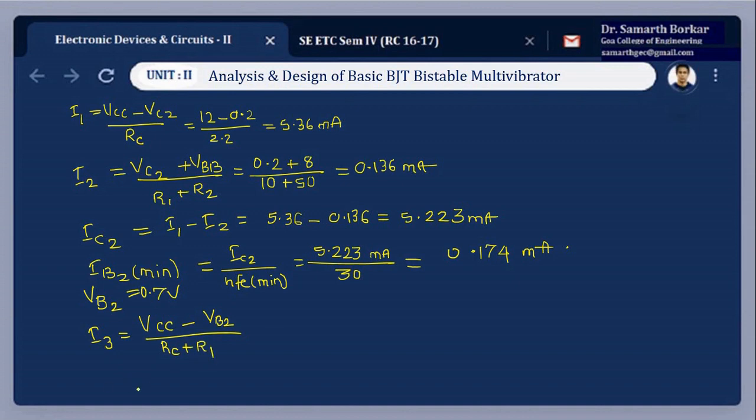Substitute the values, 12 minus 0.7 divided by 2.2 plus 10, and the answer is 0.926 milliamperes.